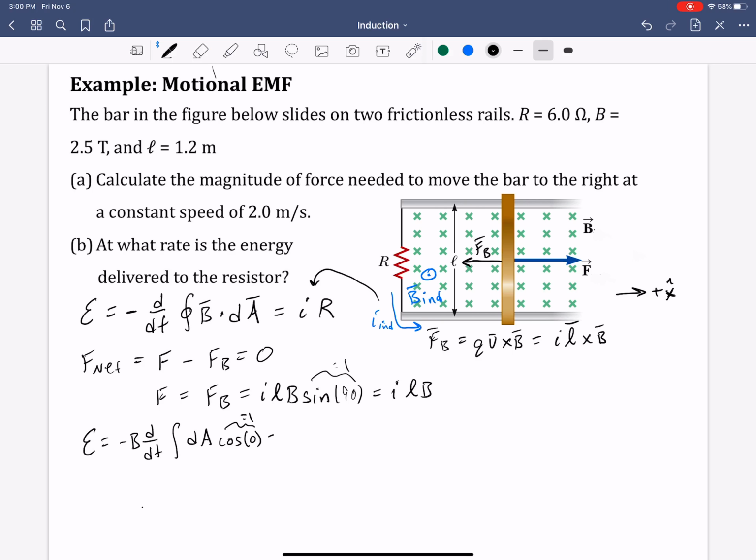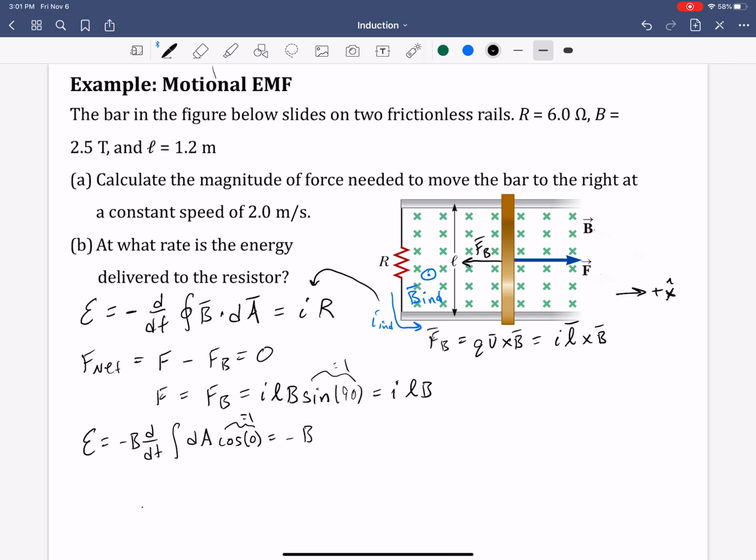That's 1. What's the integral of dA? Well, the area right here is simply length times width, right? Or base times height. What's the base? Well, we know one is L, and the other direction is this one. Because that's changing, and we've specified the x-axis, we might as well just say that's x.